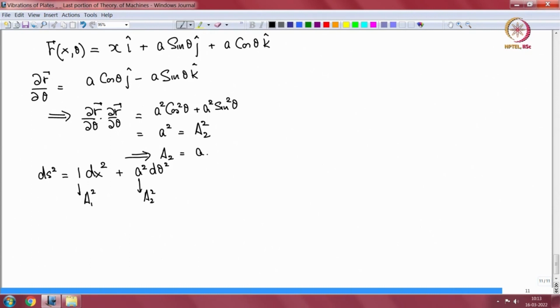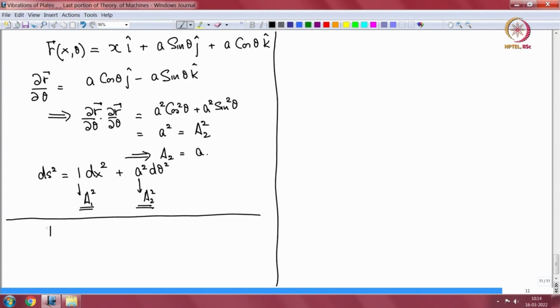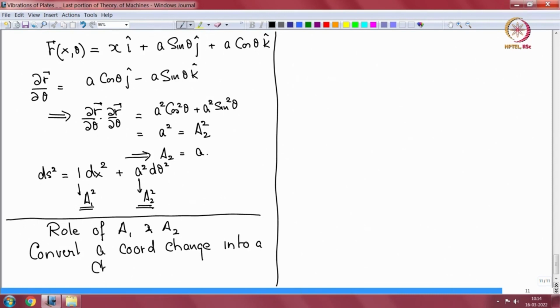So what is the role of A1 and A2? The role of A1 and A2 is to convert a coordinate change into a change in length.